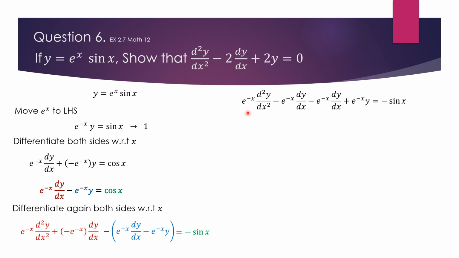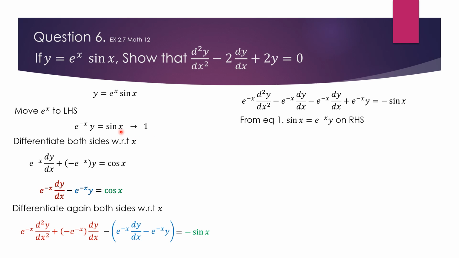Now e power minus x d2y over dx square, simplifying this, minus e power minus x dy by dx minus e power minus x dy by dx. These are the two like terms. We will collect them in the next step. And plus e power minus x y is equal to minus sin x.